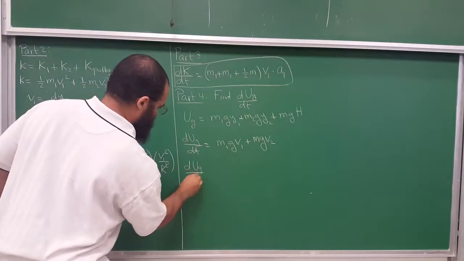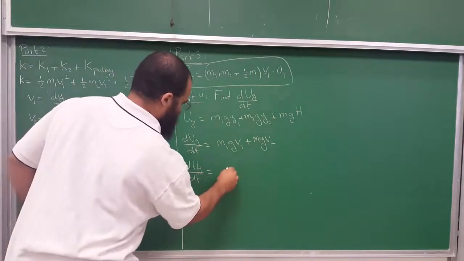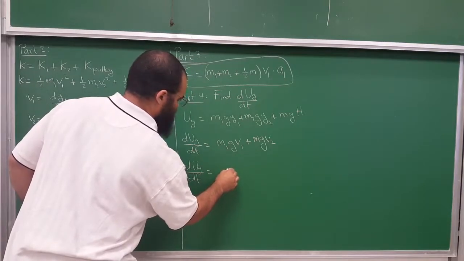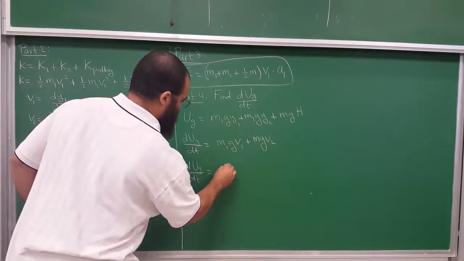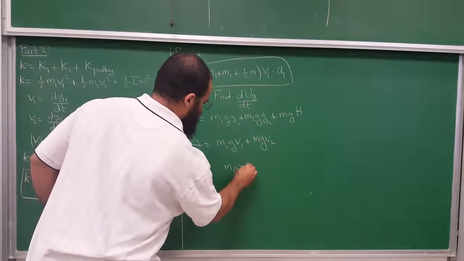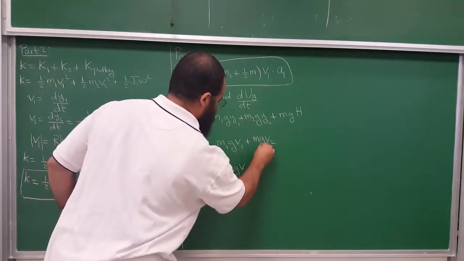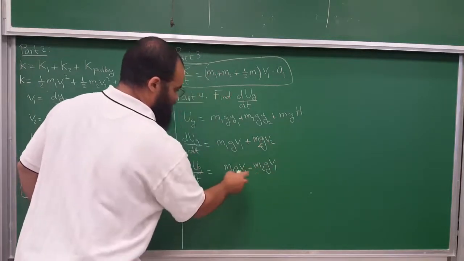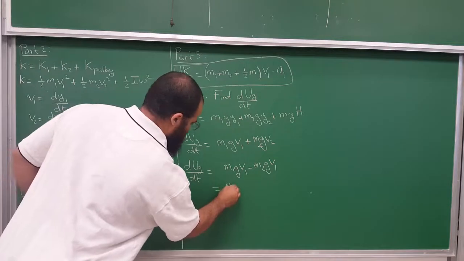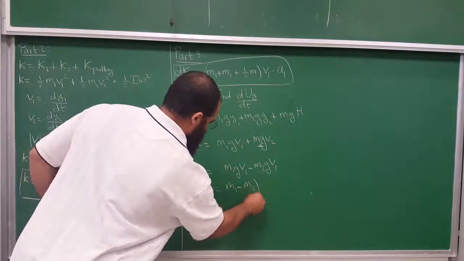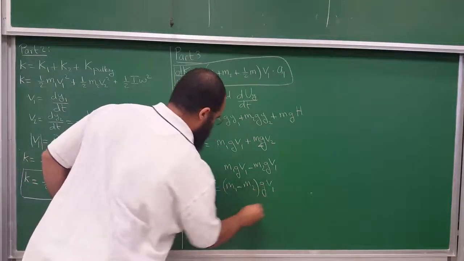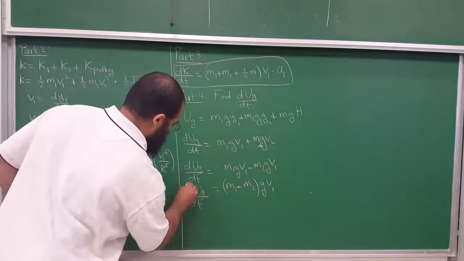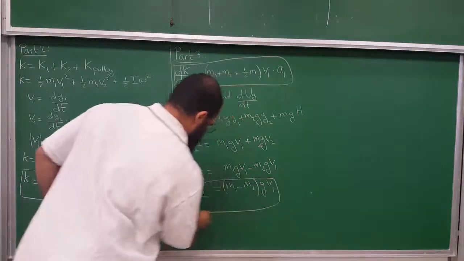So this will be m1 g v1 minus m2 g v1, oh, this should say m2. Factor the g and v1, so you got m1 minus m2 g v1. That's the time derivative of the gravitational potential energy as a function of time.